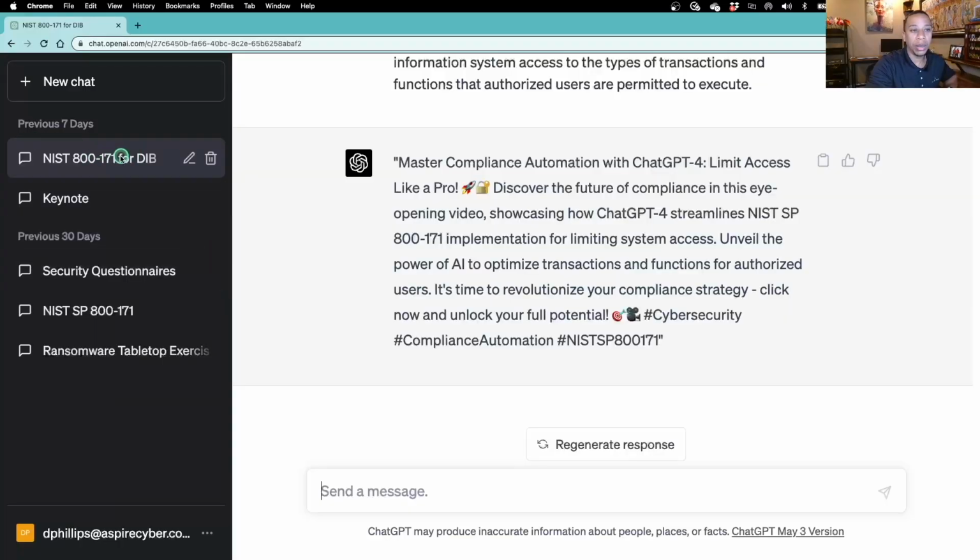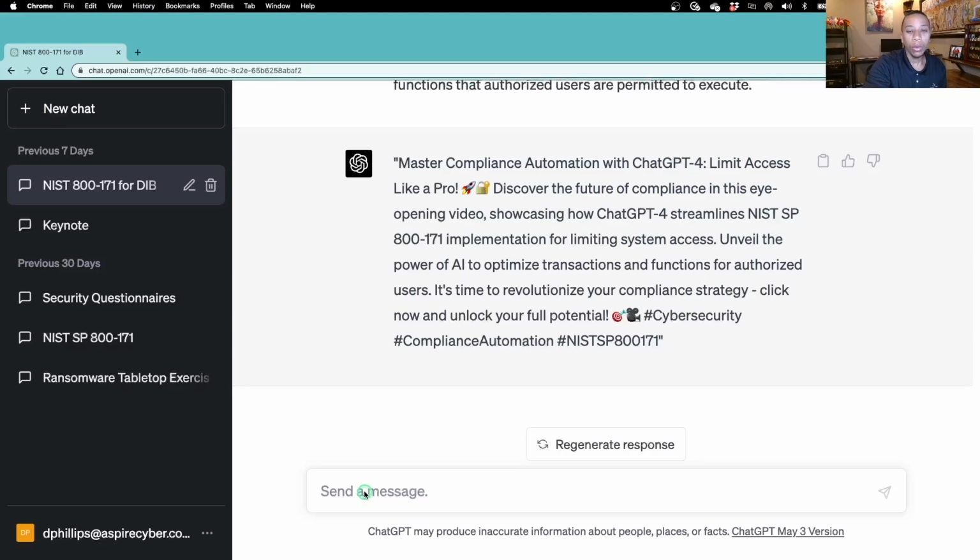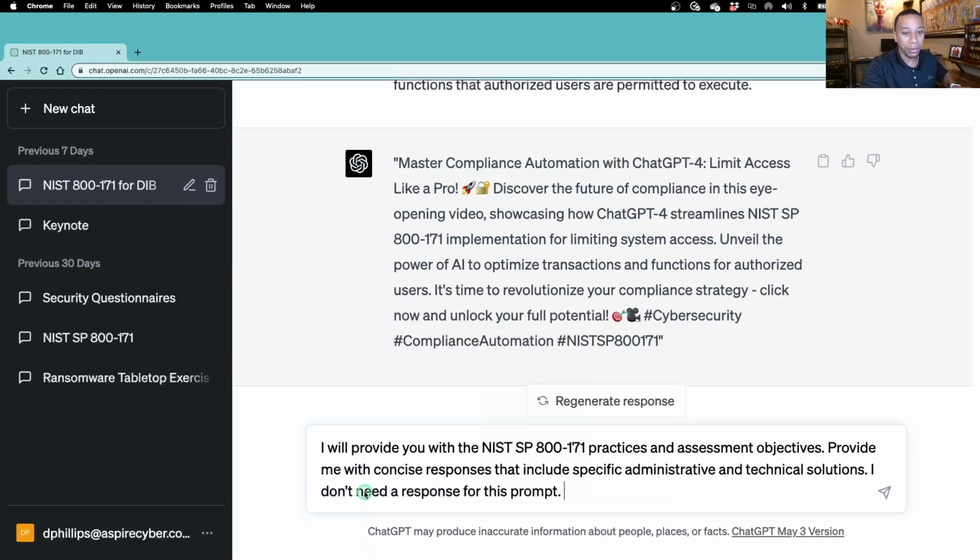We're starting in the same conversation from the previous practices that we covered. Before we paste in the practice, I want to start off again by giving ChatGPT the context of how I want it to respond, letting ChatGPT know what my expectations are in terms of the format of its responses. So starting off by letting ChatGPT know, hey, I'm going to be providing you information from NIST 800-171 practices and assessment objectives.